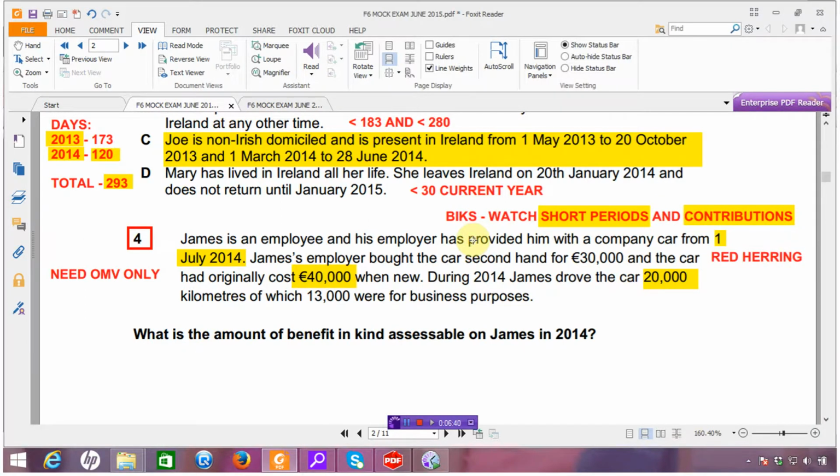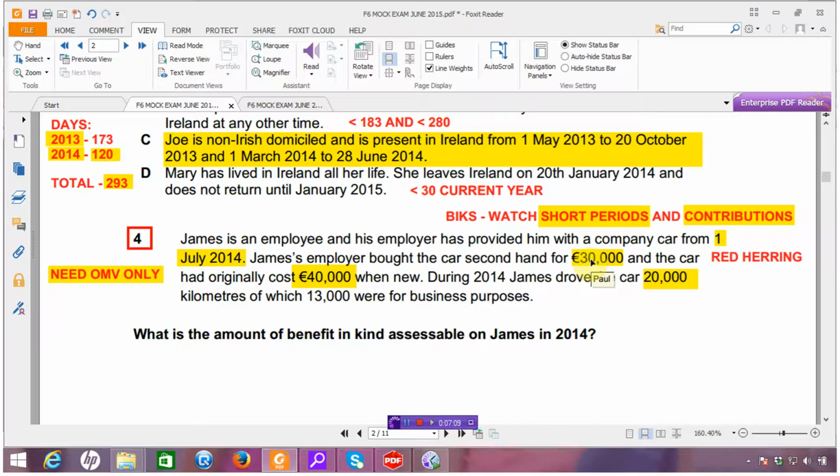Okay, so we had a short period. It looks like the car was only available for 6 months of the year, so I'm thinking 6/12. We have another little curveball here in relation to the value of the car. For BIKs for cars, we're only interested in the OMV, the original market value, and that is 40 in this case. I'll take you through the answer in a moment. Noting that the 30k amount was, as I've said, just a red herring.